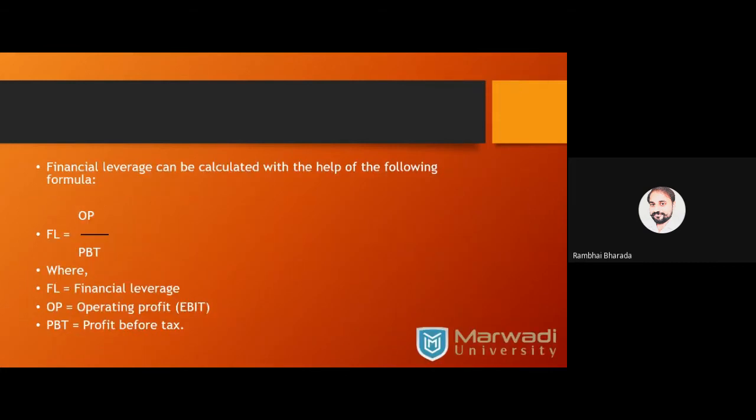Going ahead, write down the formula. The formula is very simple. FL is equal to OP upon PBT. OP stands for operating profit, also known as earning before interest and tax.